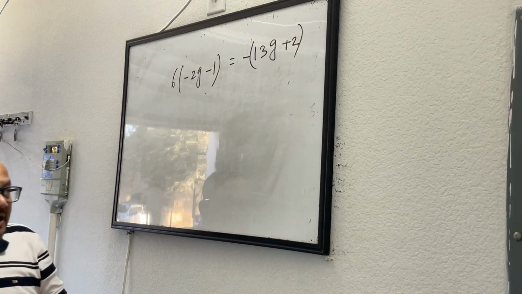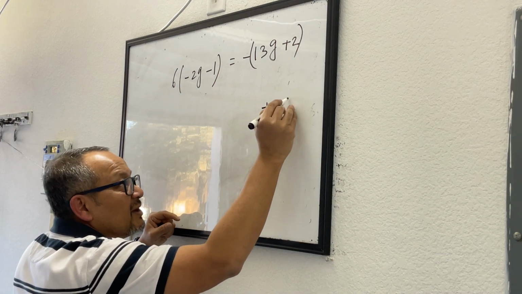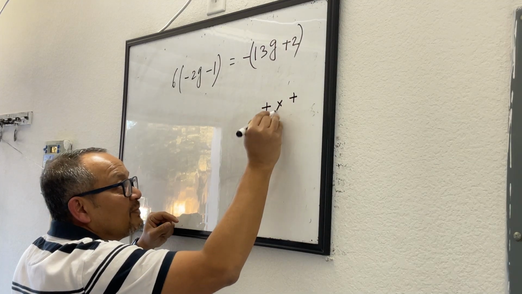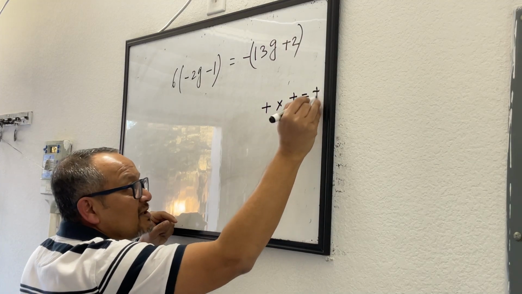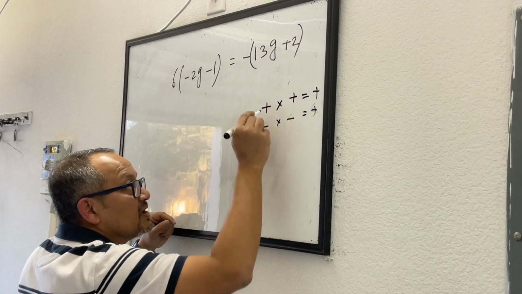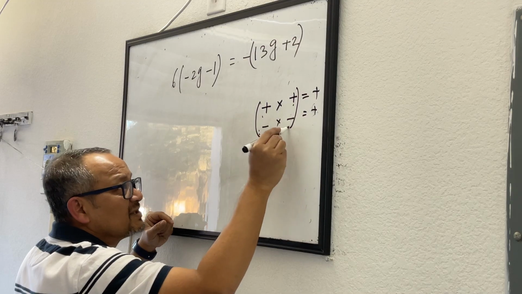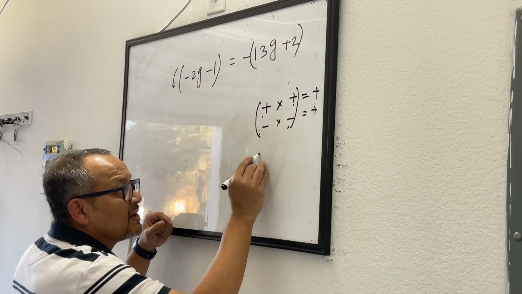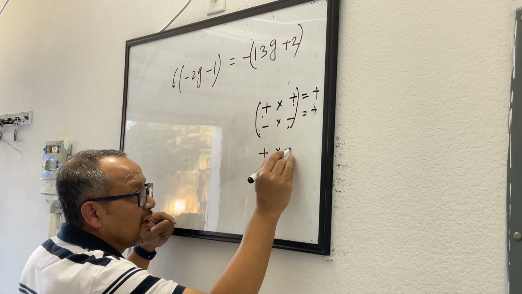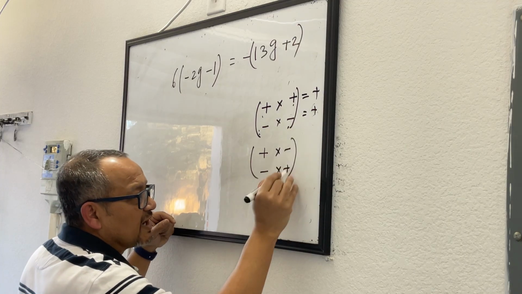If I am multiplying similar signs, if I am multiplying plus with a plus, I will get a plus. If I am multiplying minus with a minus, I will get a plus. So if I am multiplying same signs, I will get a plus. If I am multiplying opposite signs, so plus into minus versus minus into plus, in both cases I will get a minus.